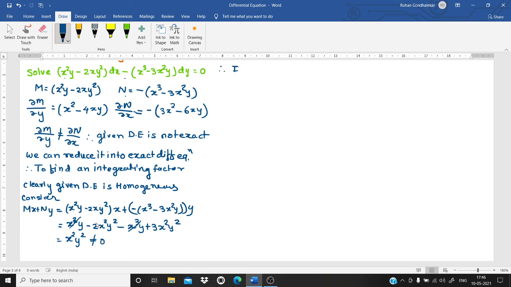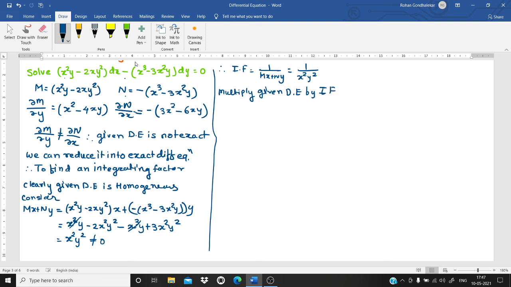Therefore, the integrating factor is equal to 1 upon Mx plus Ny, which is 1 upon x square y square. So multiply the given differential equation by the integrating factor. We'll multiply the integrating factor to each term.